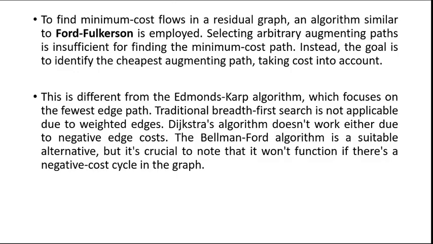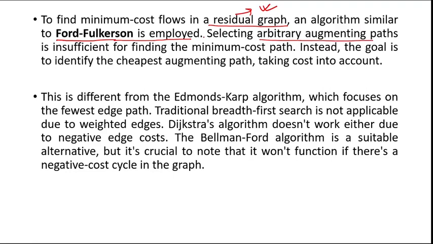Let's see. As I said, minimum cost flow is a residual graph problem. That means you have to find a residual graph. An algorithm similar to Ford-Fulkerson selects arbitrary augmenting paths.